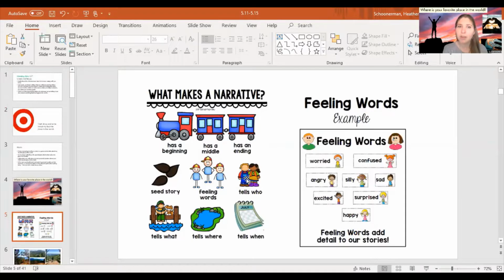And we just want to make sure we include who is there, what happens, where the story is, and when. So keep in mind to look for those things when I share my special story about my favorite place in the world, and then make sure you do the same when it's your turn to do your own writing.